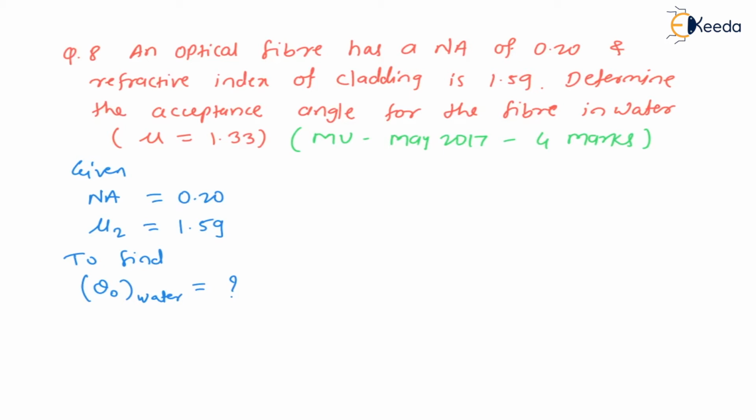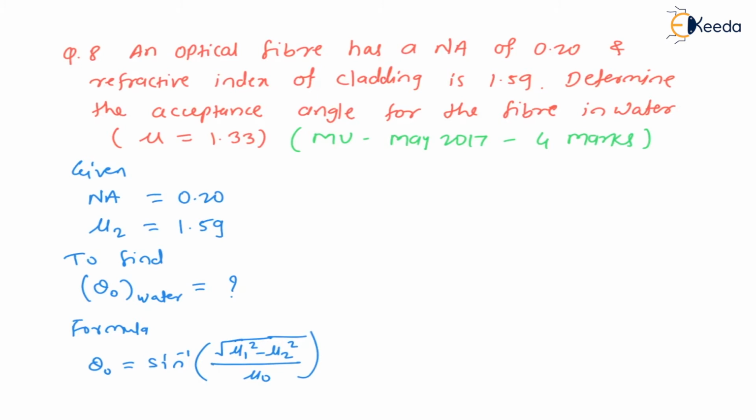Now see, the formula for acceptance angle is theta naught equal to sine inverse of under root mu1 square minus mu2 square, whole divided by mu naught.